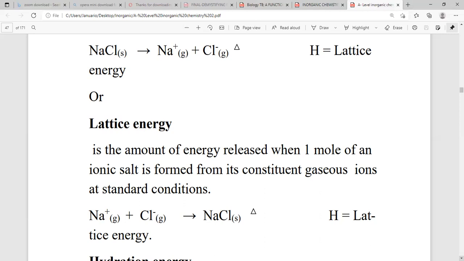There is energy absorption, so you expect the change in H, dH, to be positive. But if you are forming an ionic salt from its constituent gaseous ions, then you expect the change in energy to be negative, because the energy is going to be released, so it is exothermic.